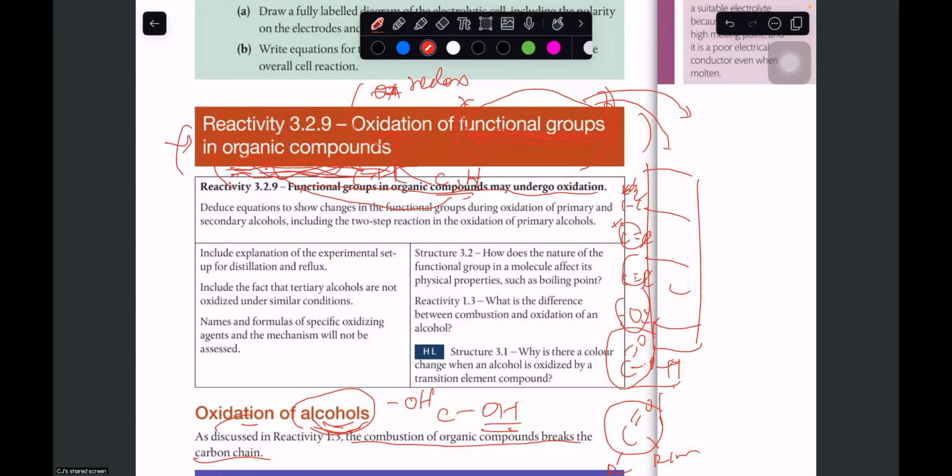For example, the C=C and the C≡C, or the OH or COOH. They are called the functional groups, right? We use this part to classify these organic compounds. So in this part, we will talk about how to oxidize the functional groups of the organic compounds.